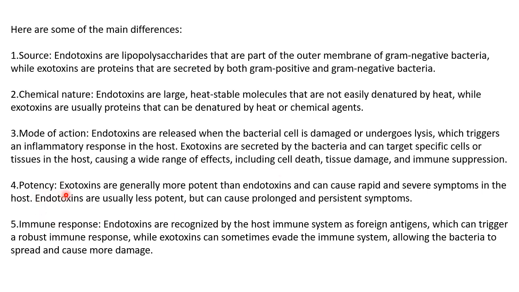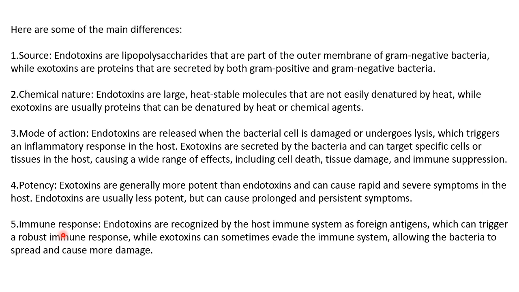Then potency. Exotoxins are generally more potent than endotoxins and can cause rapid and severe symptoms in a host. Endotoxins are usually less potent but can cause prolonged and persistent symptoms, as they are poor in antigenicity.